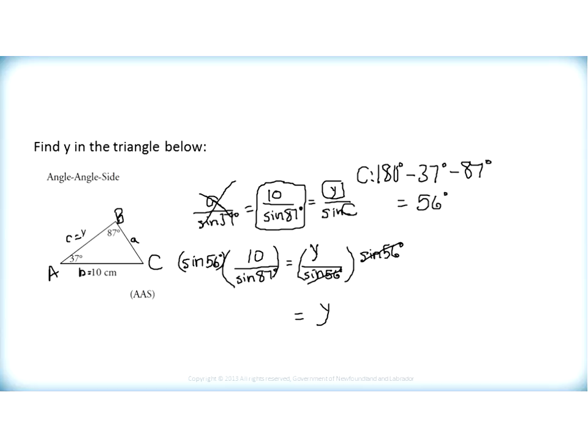So we'll end up with y is equal to 10 sine 56 degrees over sine 87 degrees. So real quick, we're going to go back to the calculator again.